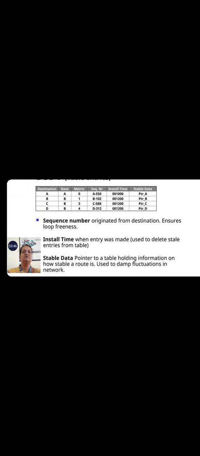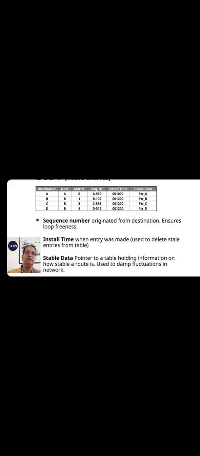So for the algorithm explanation, we can take the same example and write the routing table. A is the destination node for node A, the next node will be A, and the metric will be 0. If B is the destination, the next node is B, and the distance will be 1. If C is the destination, the next node is B, and the distance will be 1 plus 2, that is 3.